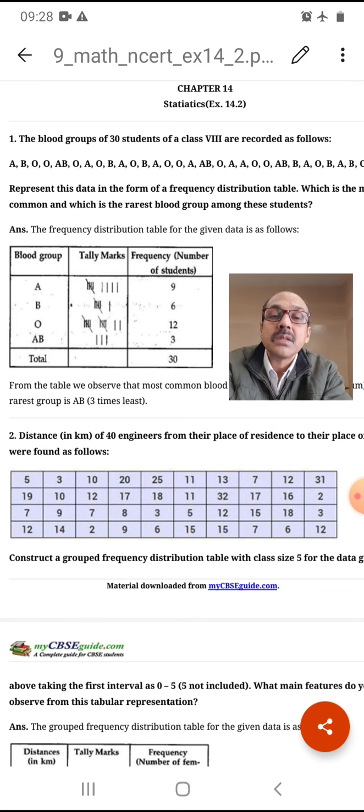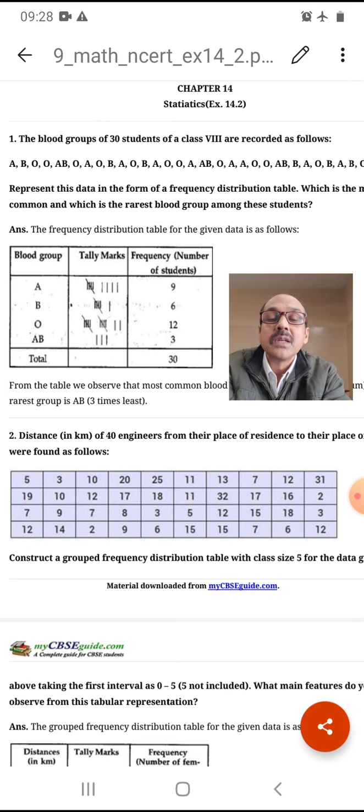Let's start. First question: the blood groups of 30 students of a class 8 are recorded as follows: A, B, O, AB.